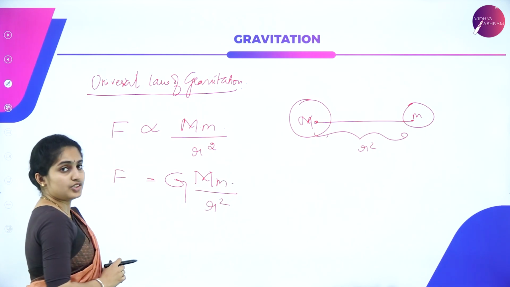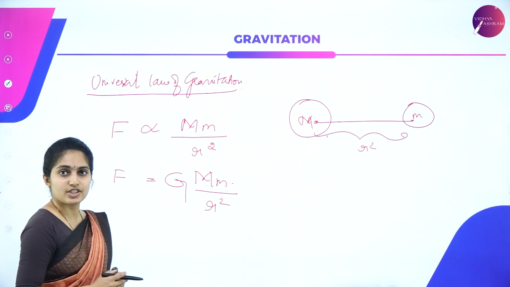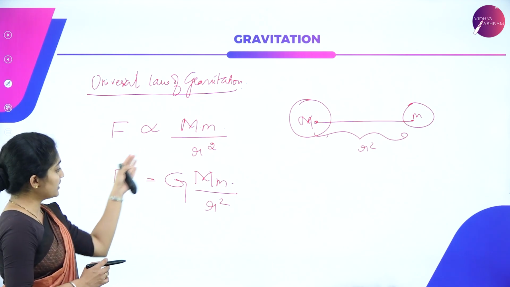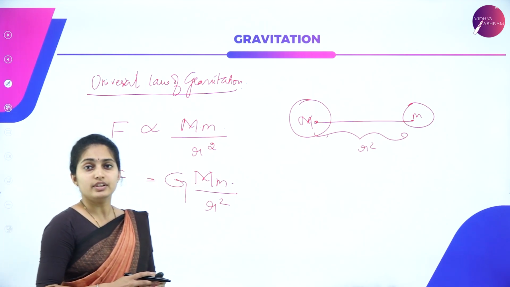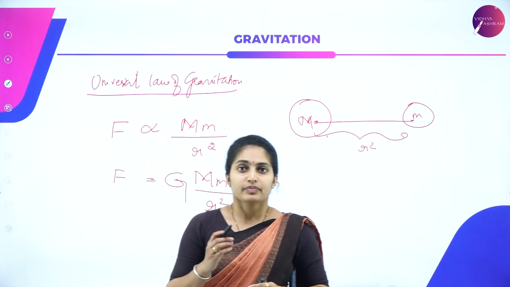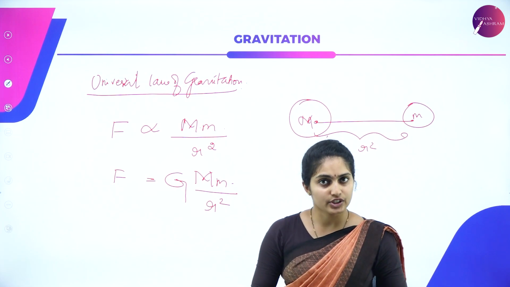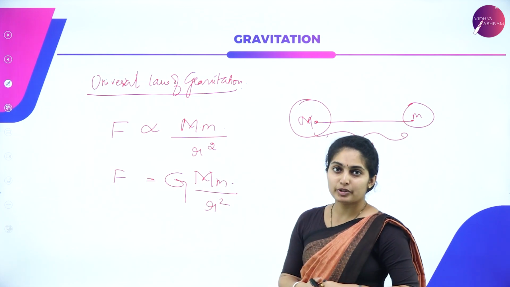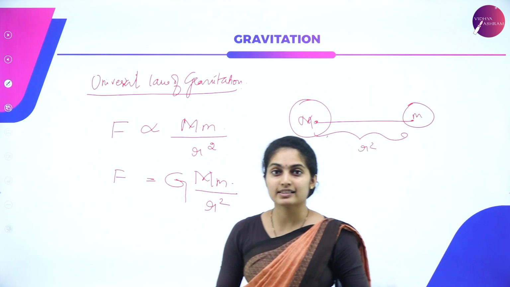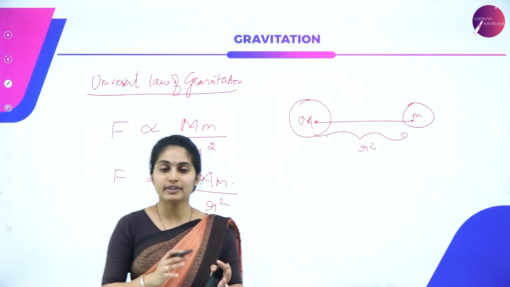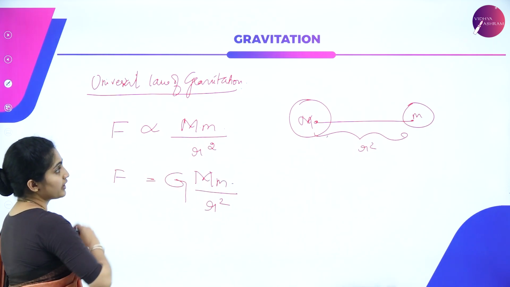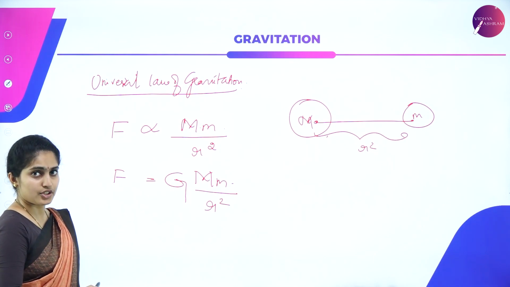Here G is the gravitational constant, M and m are the masses, and r is the distance between the two objects. This is the expression of the universal law of gravitation.